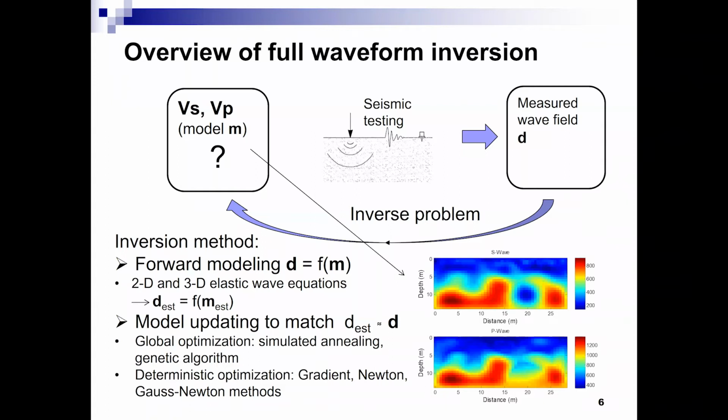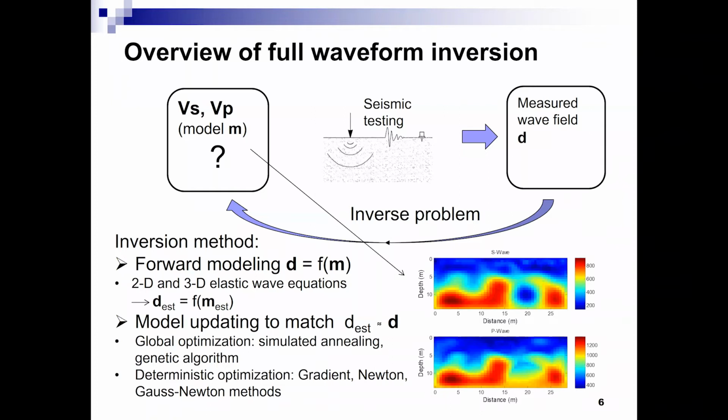So here we will solve a partial differential equation to get estimated data as a function of estimated material property. And then we will match the estimated data with the measured data from the field to extract the material properties Vs and Vp. So we will use global optimization or deterministic optimization to find the solution.